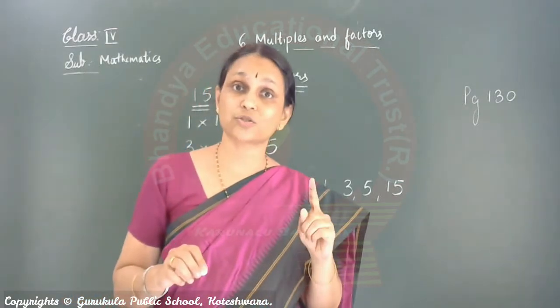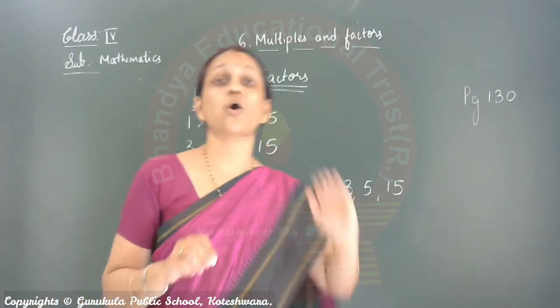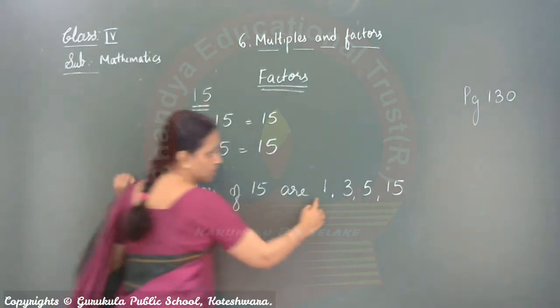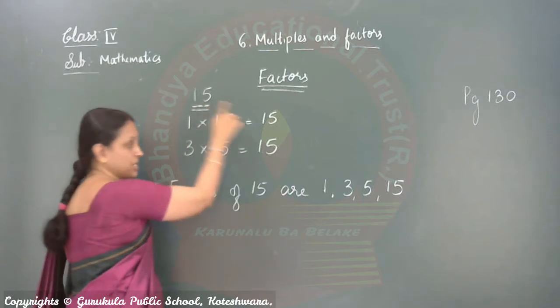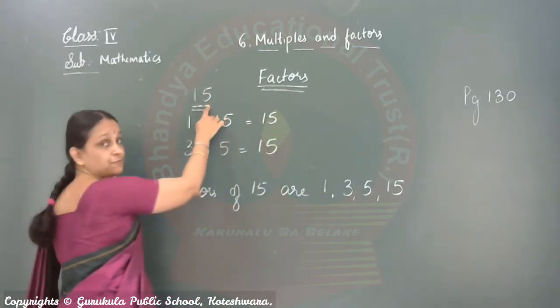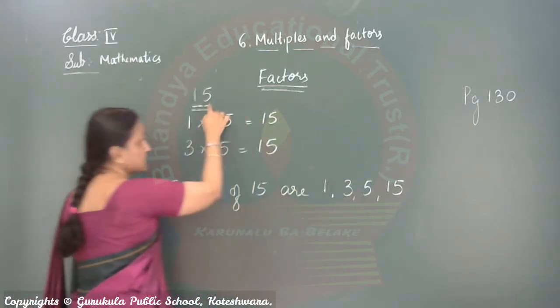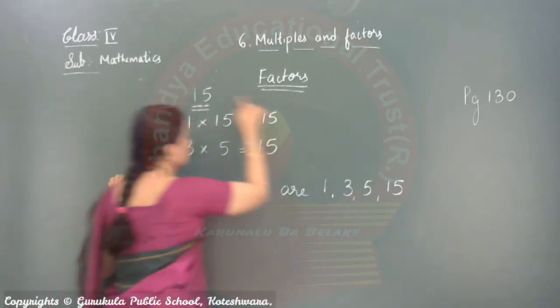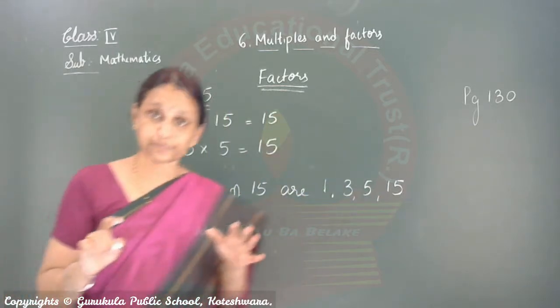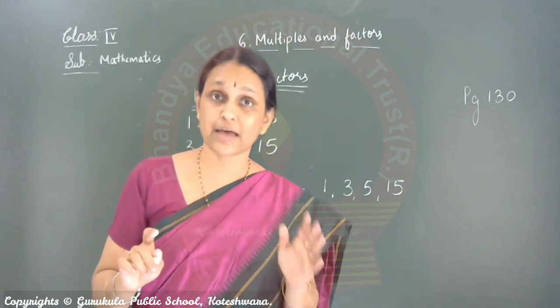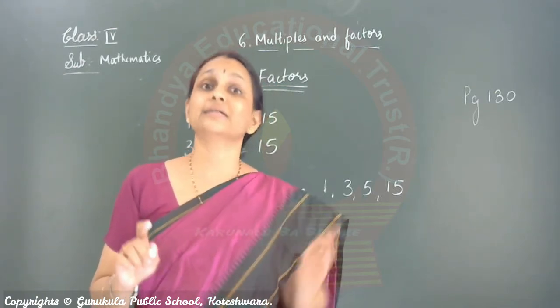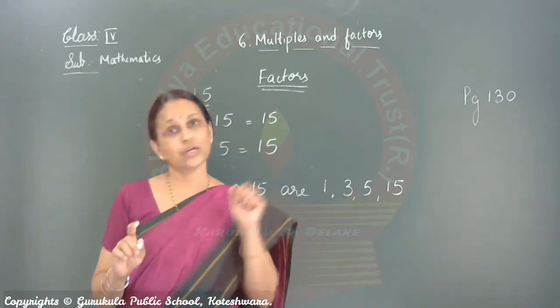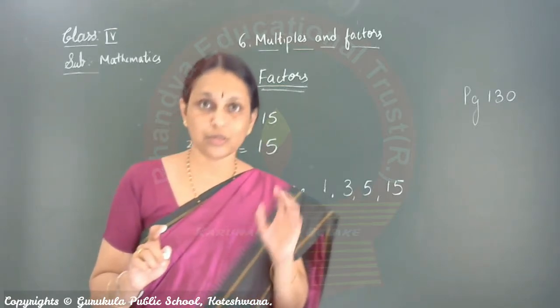The factors should be less than or equal to the number. Just observe the factors of 15. It is 1. 1 is less than 15. 3 is less than 15. 5 is less than 15. 15 is equal to 15. So, by this you can understand that any factor of a number will be either less than or equal to the number. You understood?